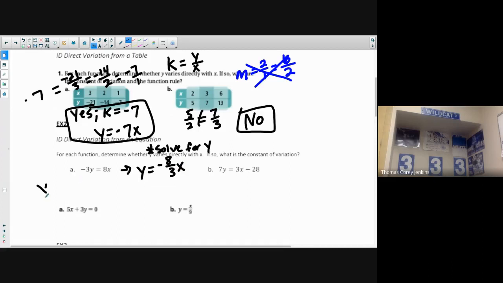So I'm going to say yes, and the reason I know is because there is no constant. Or you could say because the equation is in the form y equals k times x. All right, so what's k? k is your coefficient of x. So k equals -8/3.